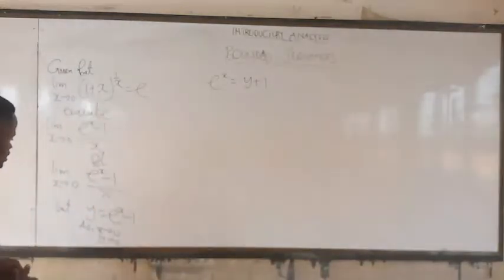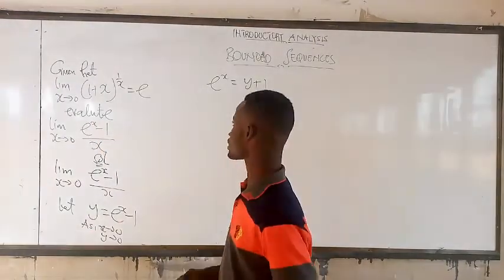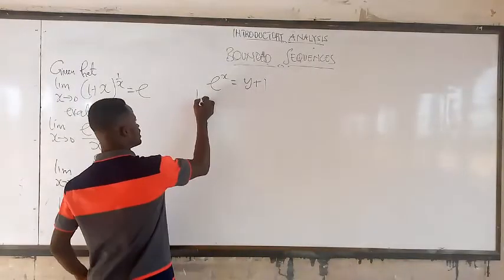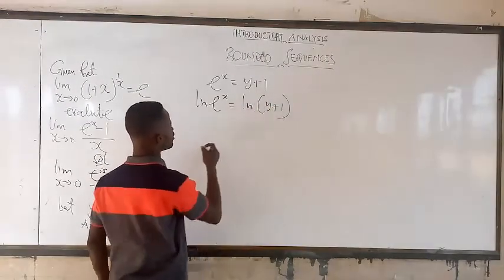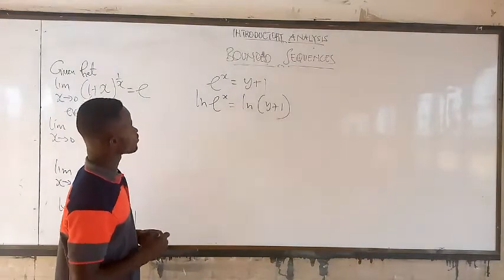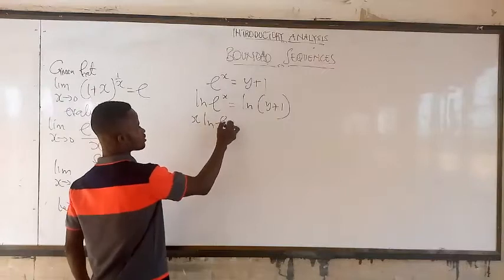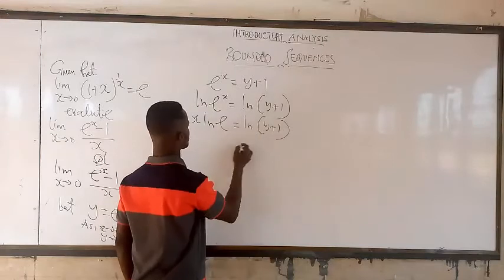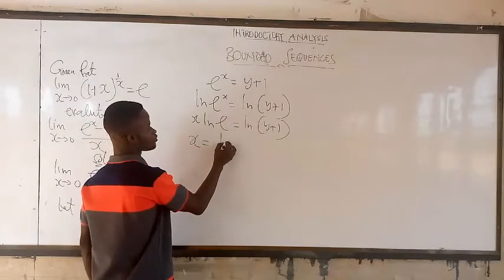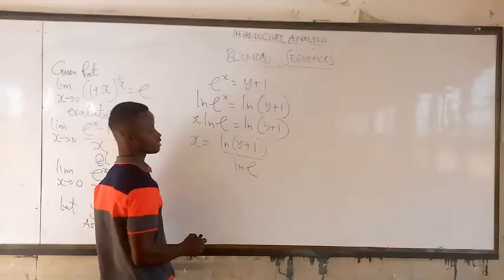Now with this, we take ln of both sides. So when we take the ln, s = ln(y + 1). Very good. Then we can write this s as ln(y + 1) over ln e.